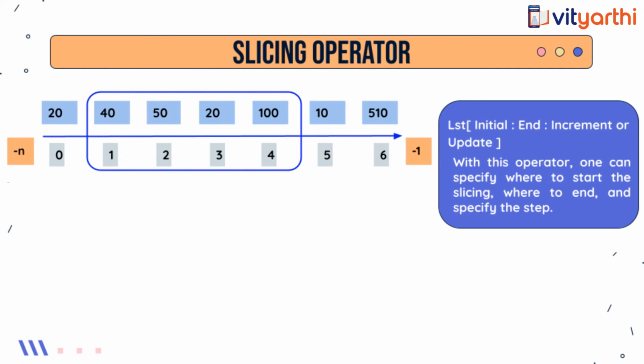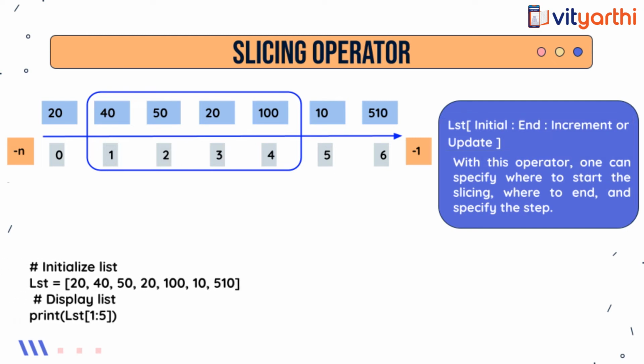Now let's look at slicing operators. With this operator, one can specify where to start the slicing, where to end, and specify the step. This is the syntax of the slicing operator: list[initial:end:increment].